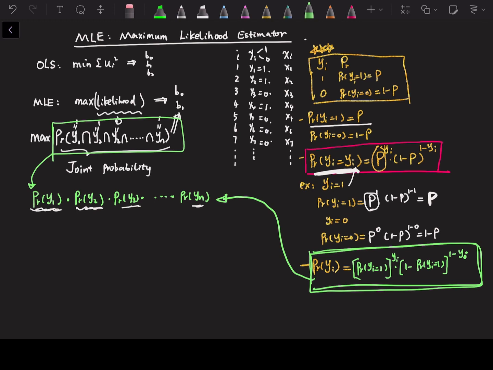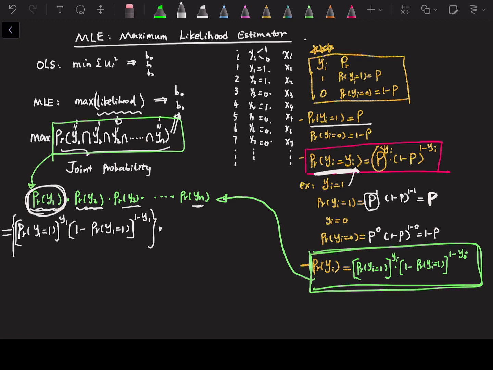Okay, so now the probability you observe y1 equals, using this equation, the probability that y1 is 1 to the power of y1 times 1 minus the probability y1 is 1 to the power of 1 minus y1. So that's the probability y equals y1.